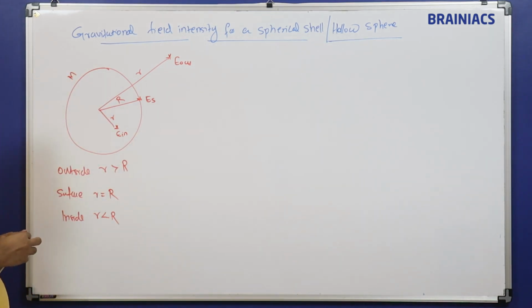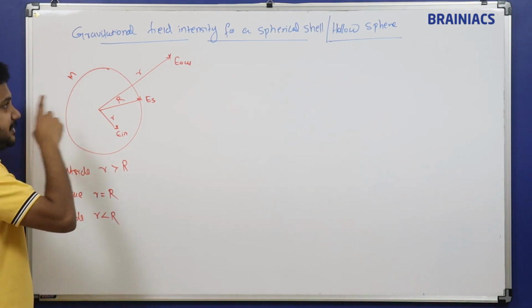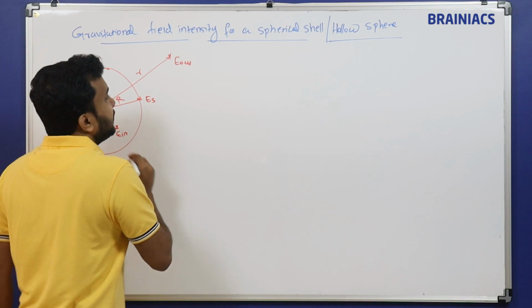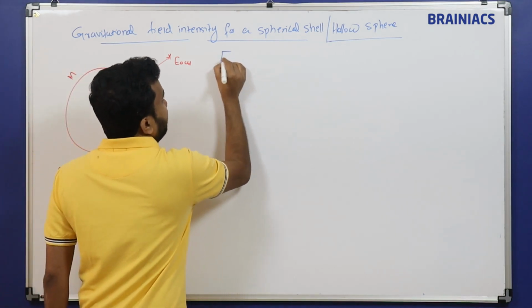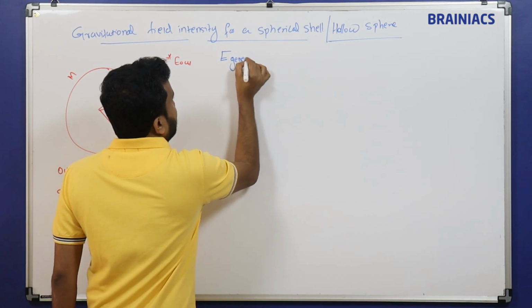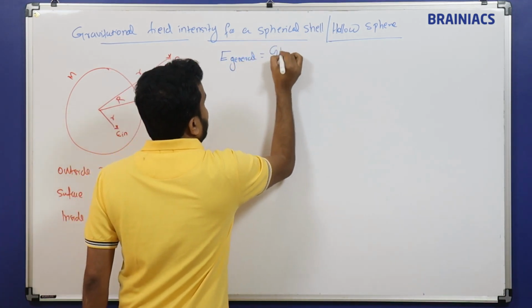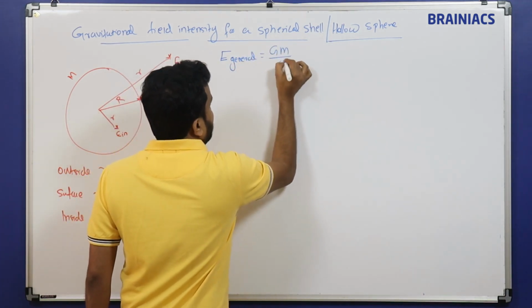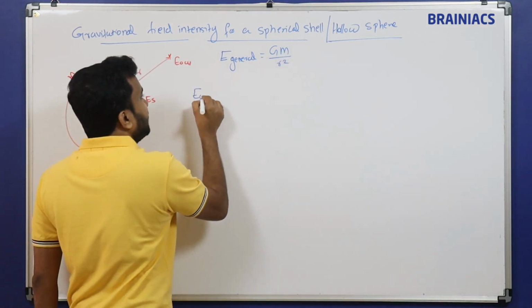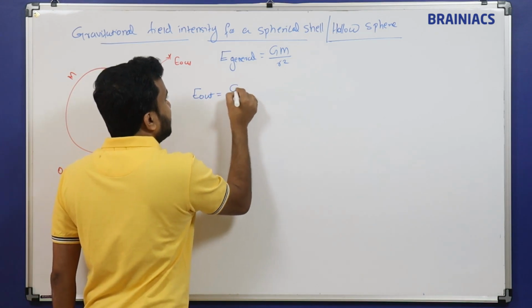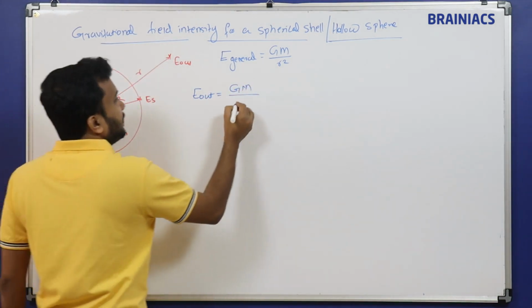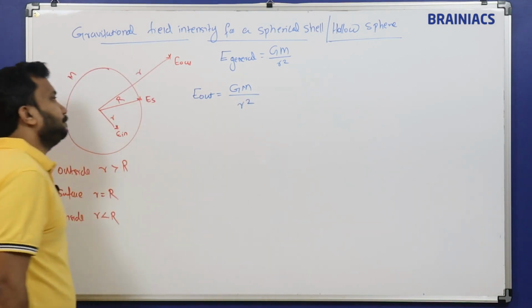Now we are going to calculate the gravitational field intensity outside, at the surface and inside. The general formula for gravitational field intensity is GM by r square. Here we have three points. One is outside. Outside means the mass is M, and the distance from the center to the point is r, so it becomes GM by r square.